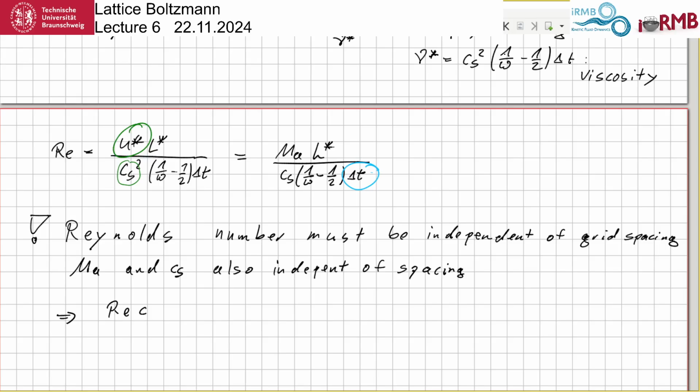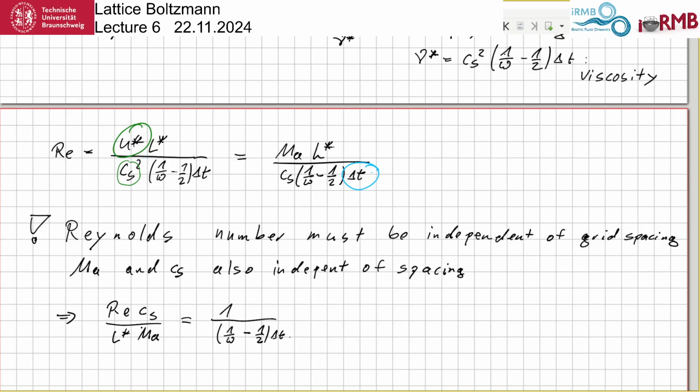So I rewrite this equation to Reynolds number, put the CS up, L star Mach number, and end up with the numerical stuff on this side, 1 over omega minus 1/2 delta t. So now everything on the left is constant.